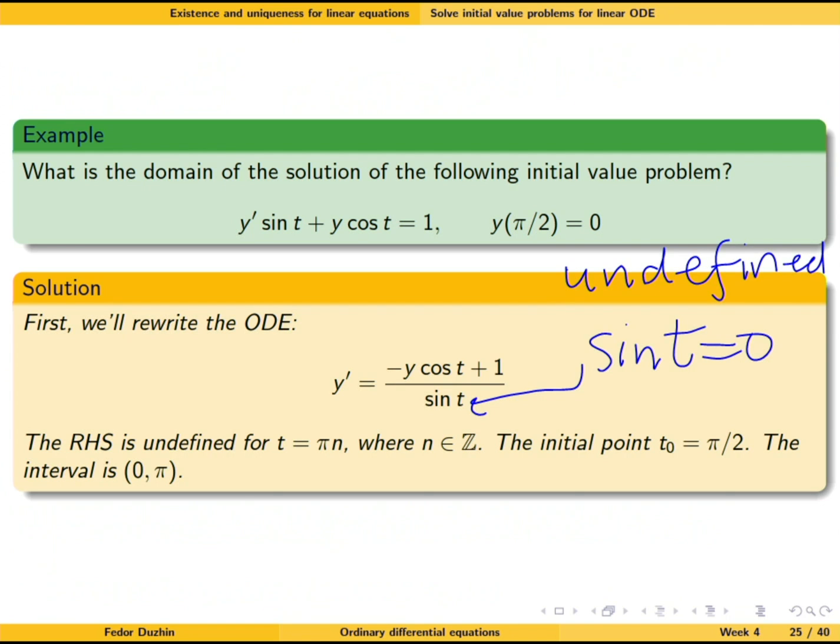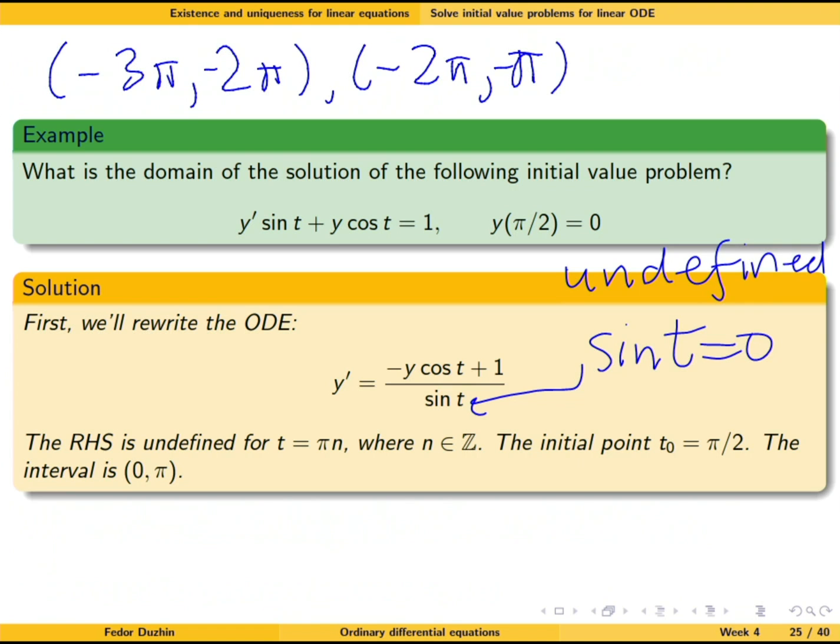So the domain of any solution can be an interval from minus 3 pi to minus 2 pi, minus 2 pi to minus pi, and so on, 7 pi, 8 pi, and so on. The domain of the right-hand side and the domain of the solution can be any interval between two neighbor multiples of pi.